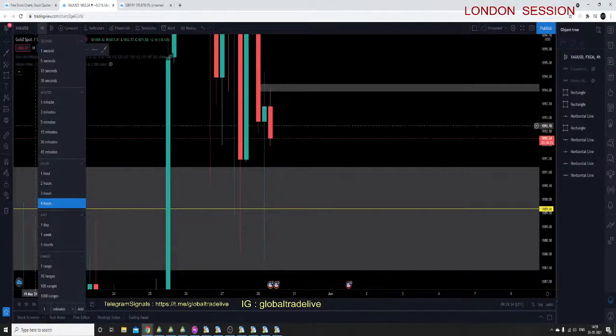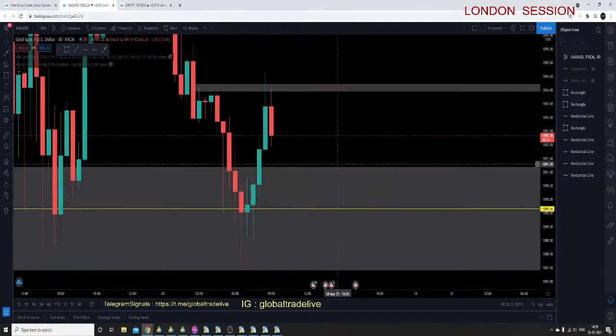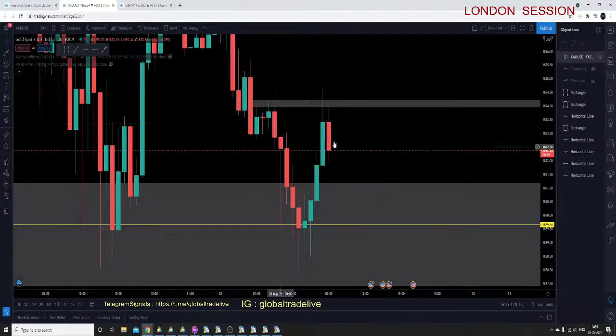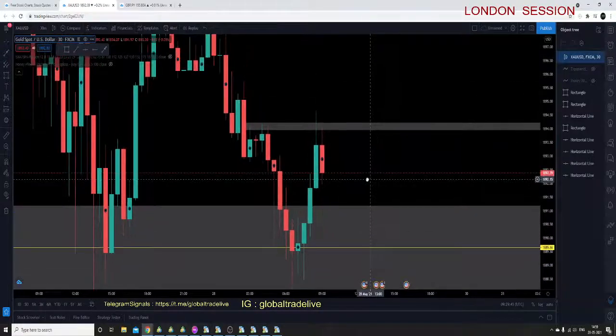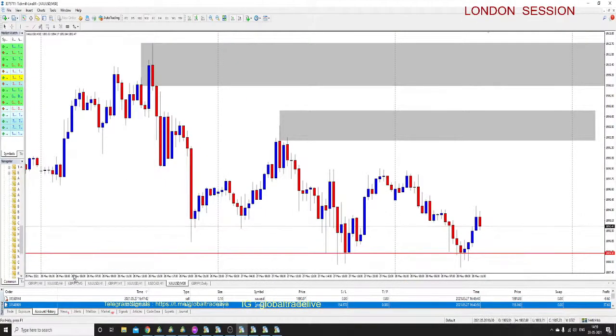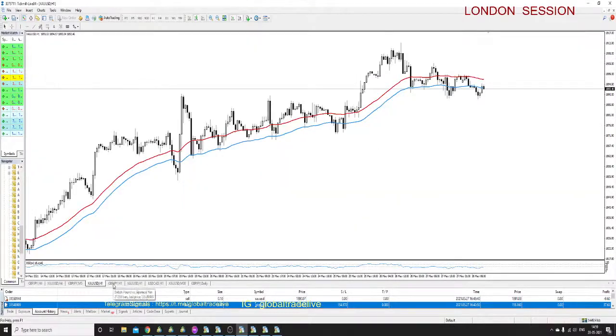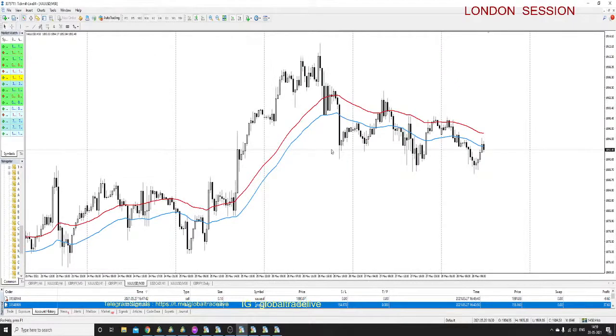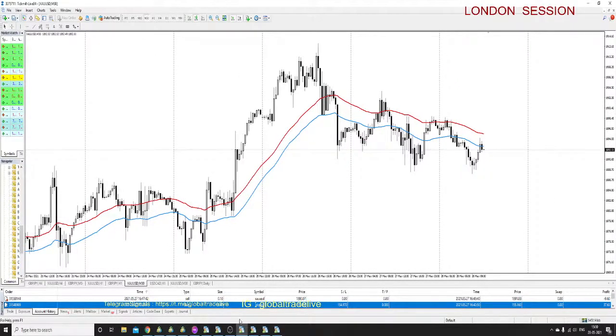So let's see. Plus this is the low and gold tested this high, so it can. Let's see here. Yeah, I really think that gold can move down at that point.